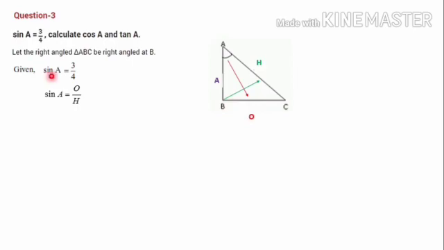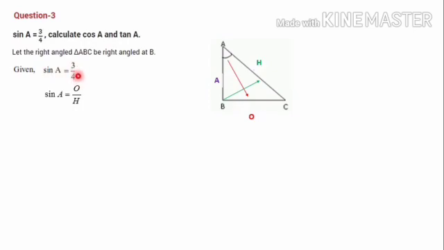Then when you look at sin A equal to 3 by 4 and the formula sin A equal to O by H, instead of O here 3 is there, instead of H here 4 is there, meaning O is equal to 3 and H is equal to 4. But we cannot write like that, because sin A equal to 3 by 4 is in simplest form.